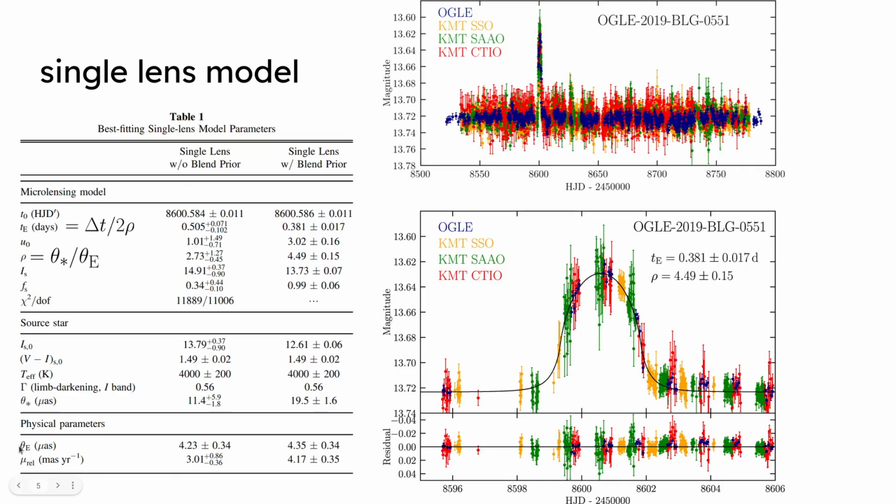The first one is obviously the Einstein radius, and the other one is the relative proper motion. But to get the Einstein ring, you need to know, and you remember from the fit we get rho from the magnitude. Then to get the Einstein ring, we need to know the angular size of the source.